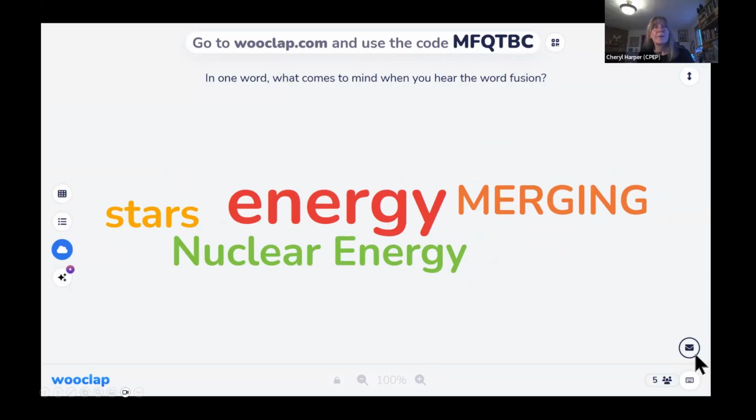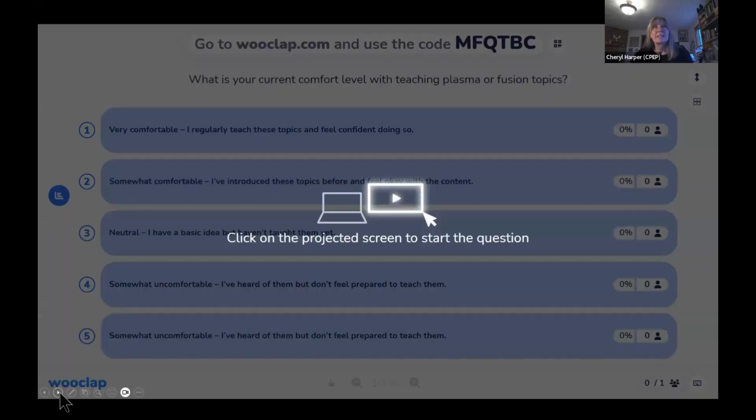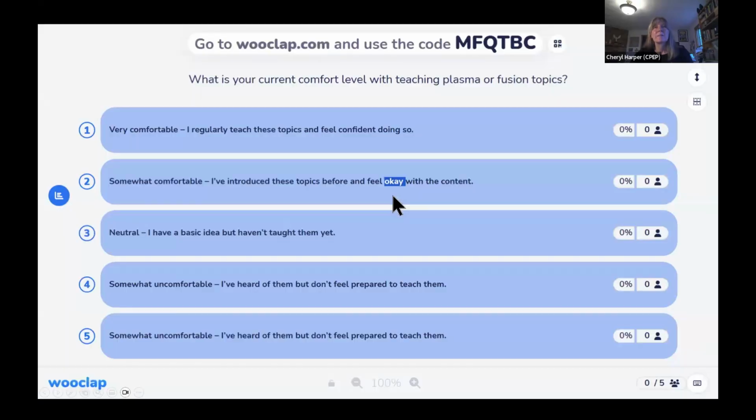All right, so we have some great answers there. Fusion in stars, energy, merging, nuclear energy. Nice. All right, and what is your current comfort level with teaching plasma or fusion topics?